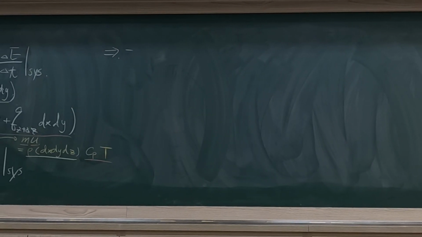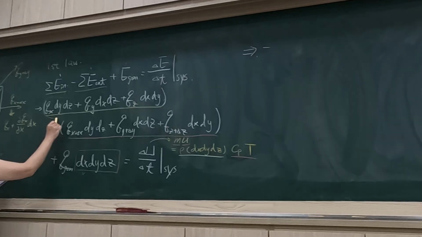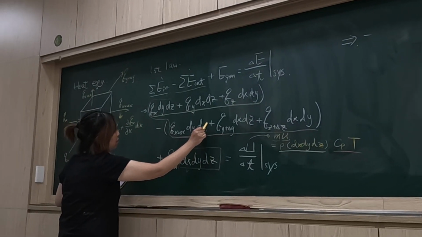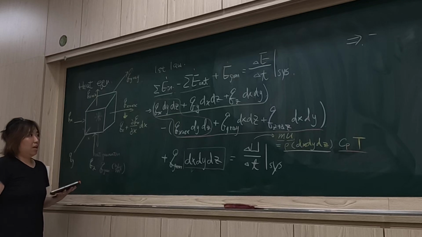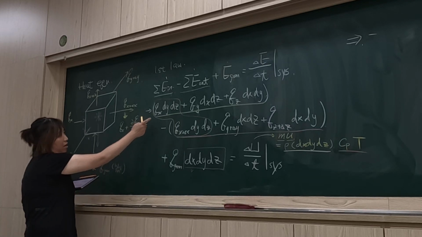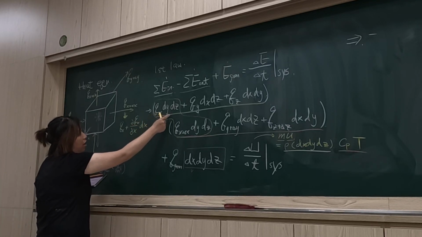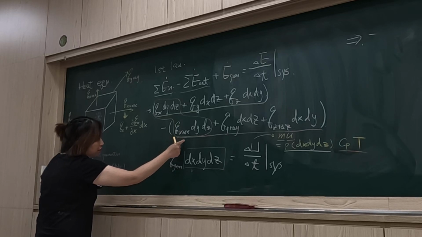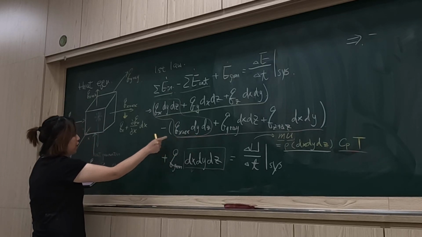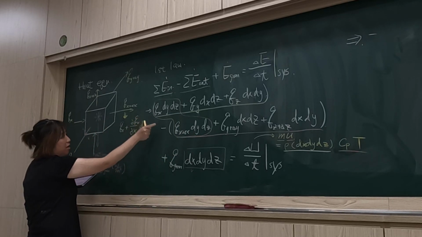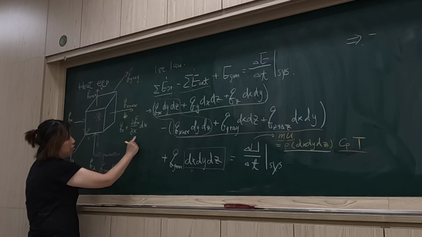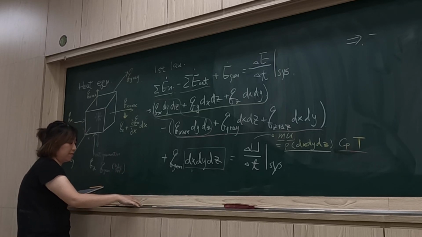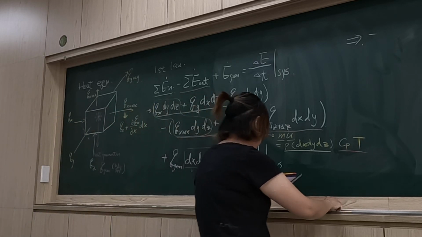We take the q x dy dz and the q x plus delta x dy dz, then we can subtract them, so what we get is only this term. Just write it down.